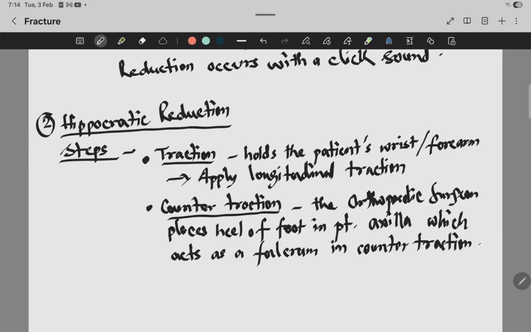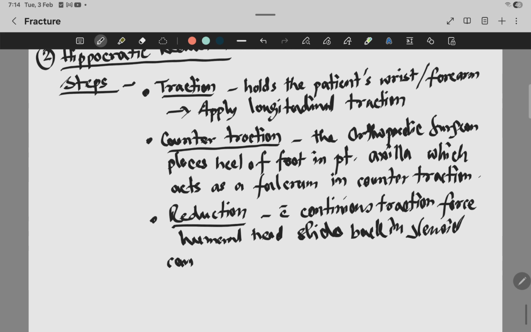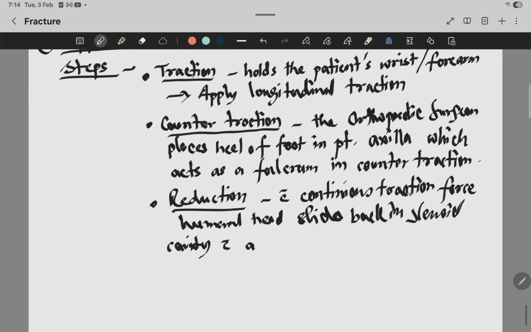Next step is the reduction. With continuous traction force, the humeral head slides back into the glenoid cavity with a click sound.